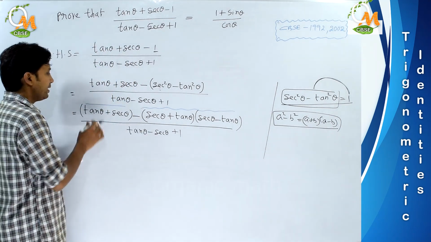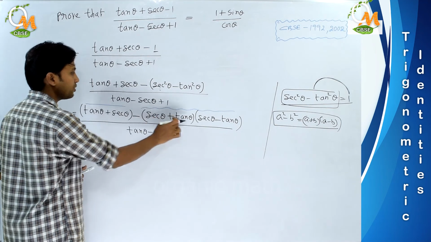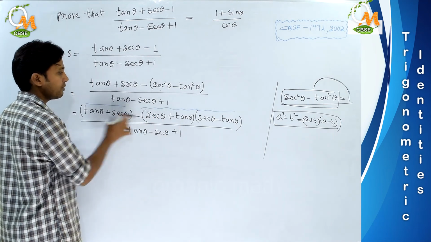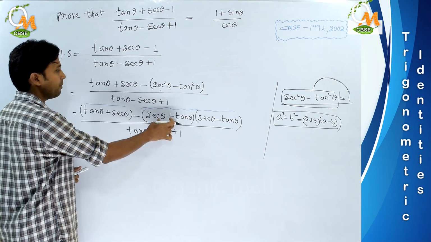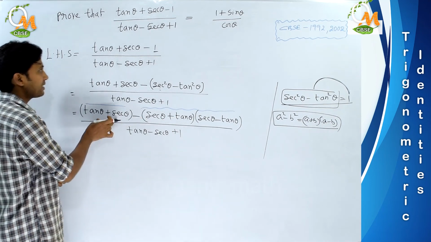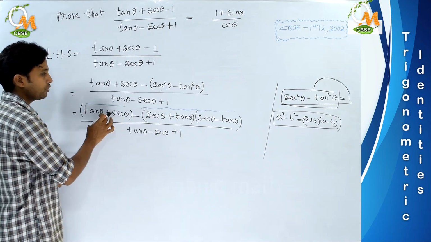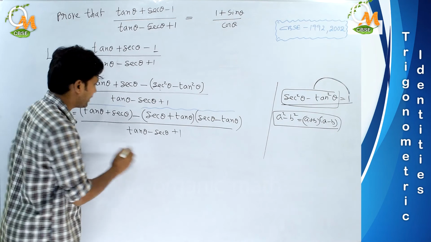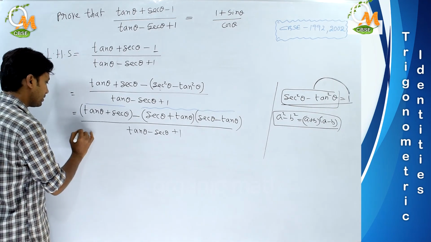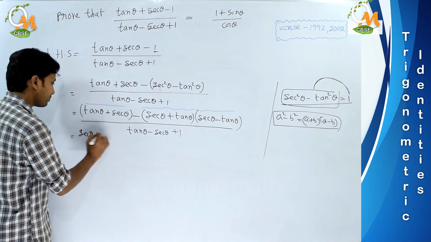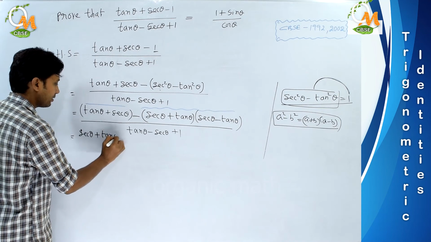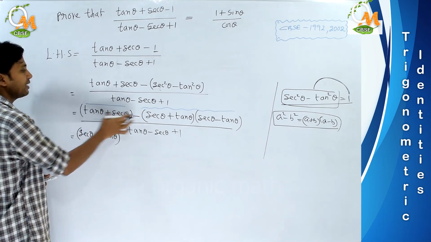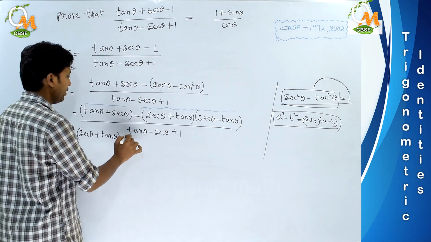Yes, here tan theta plus secant theta, here also tan theta plus secant theta. See, both are same or not? So we can take common secant theta plus tan theta over here from these two terms in the numerator part. Let us take it. Secant theta plus tan theta, okay, secant theta plus tan theta I took in common.